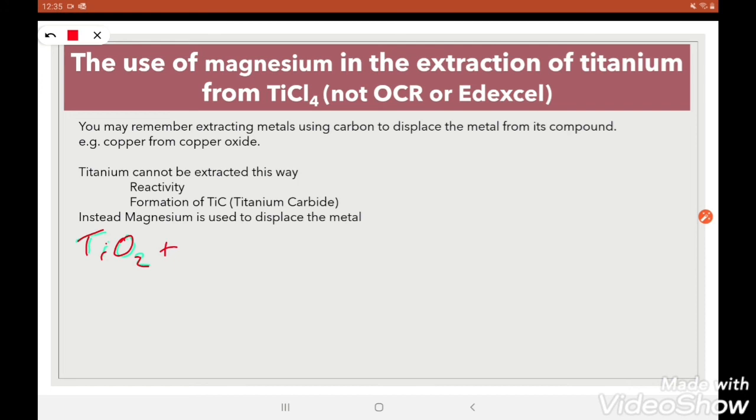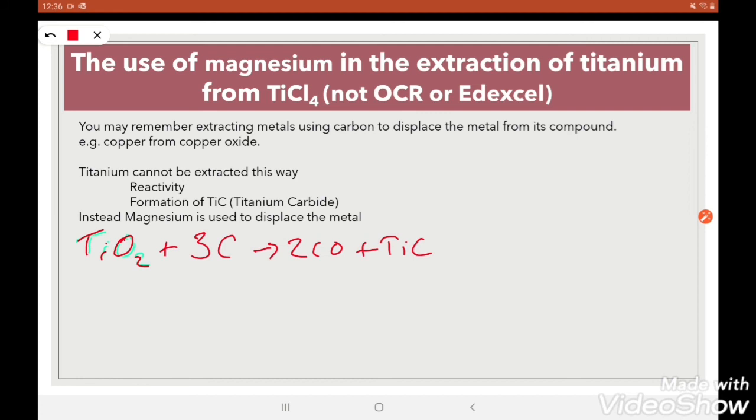We could extract it with carbon, but what happens is, as well as forming some carbon monoxide, we form this stuff called titanium carbide. And this messes up any metal that you do make. It makes it quite brittle.